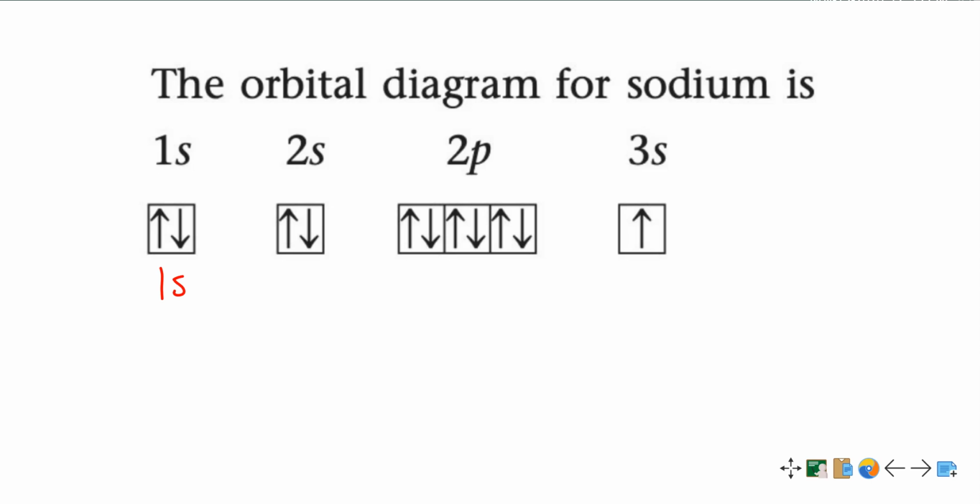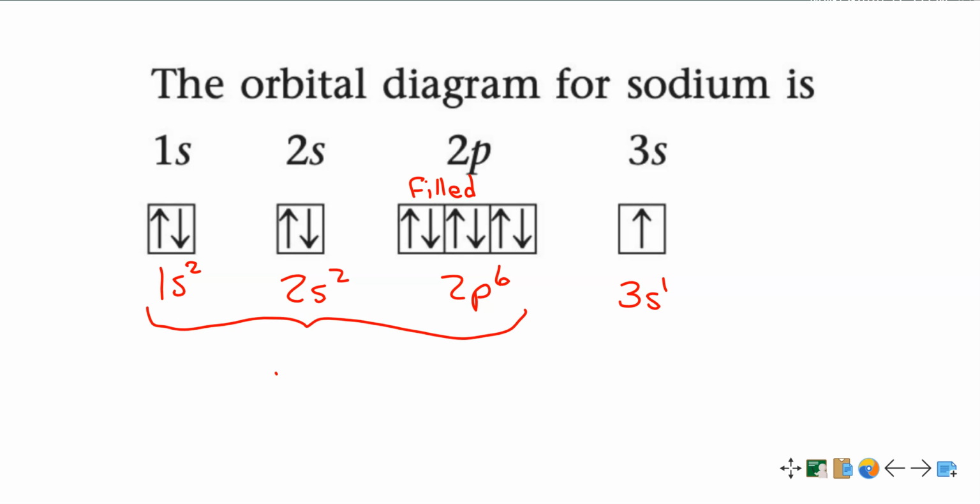We've got 1s2, 2s2, 2p6, 3s1. That is the electron configuration for sodium, the longhand electron configuration. However, this is a filled sublevel. Since it's filled, it represents a noble gas. In fact, all of this represents neon.